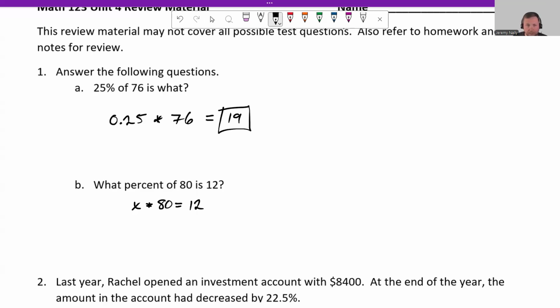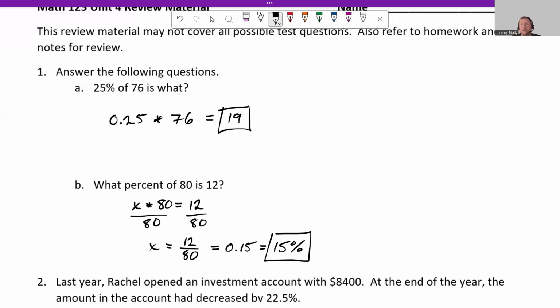And then you can see, oh, well, you just divide both sides by 80. So then my unknown is 12 over 80. So at first I get a decimal, and then I can convert that into a percent. Okay.